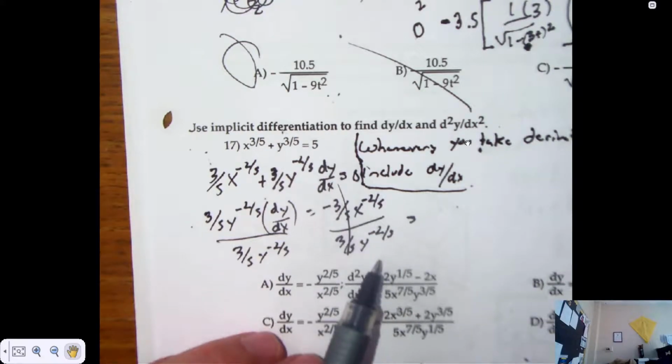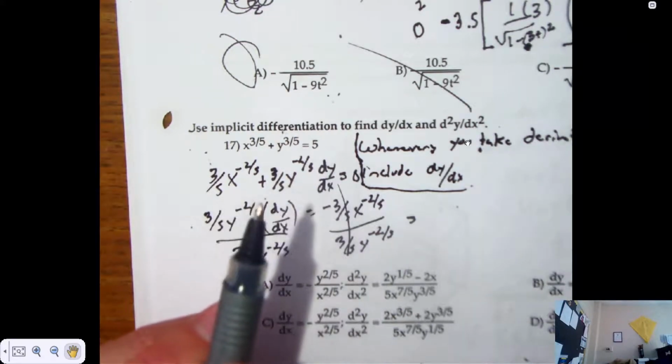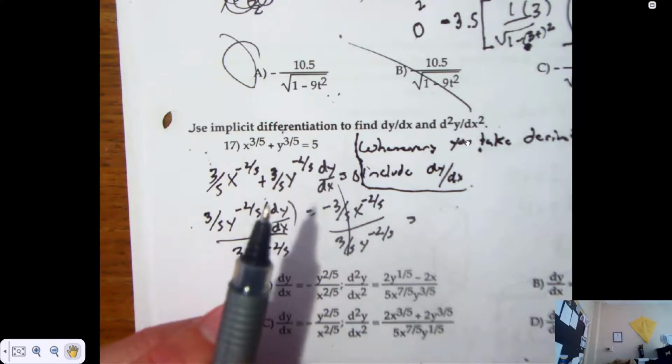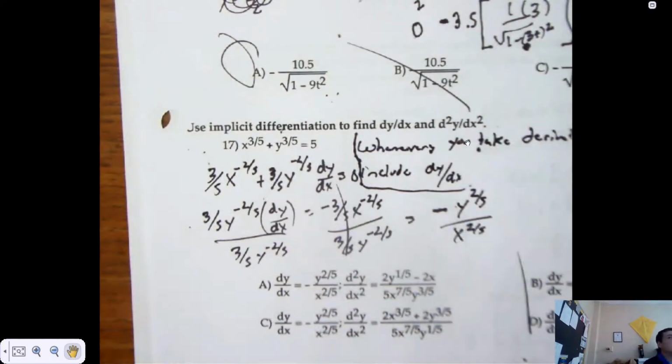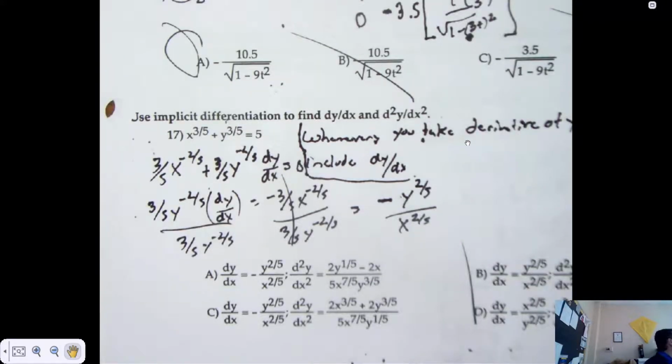A negative exponent down low, shift it up high. Because you want to make them what? Positive. So we're going to have a negative symbol, because there's still a negative symbol. Y to the 2/5, x to the 2/5. So it's automatically throwing out choices B and D. Not that that matters, because I got to see the work.